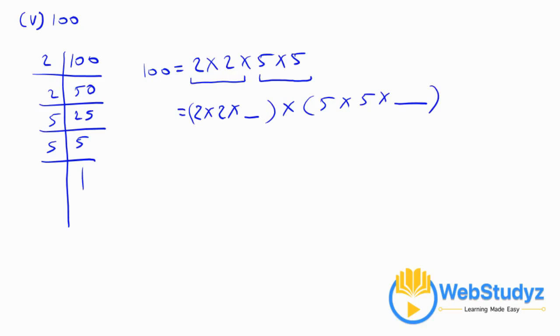So in this place we have to multiply by 2, and we have to multiply this side by 5, so that the 100 will become a perfect cube. So the minimum number that we need to multiply is 2 into 5, that is 10.